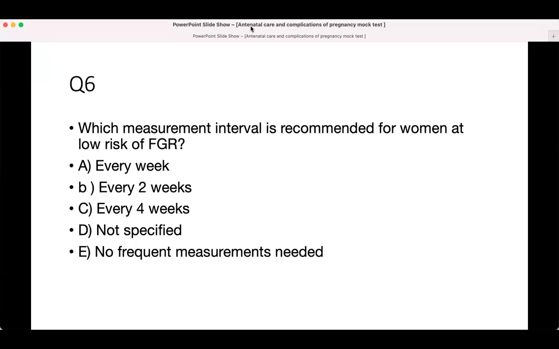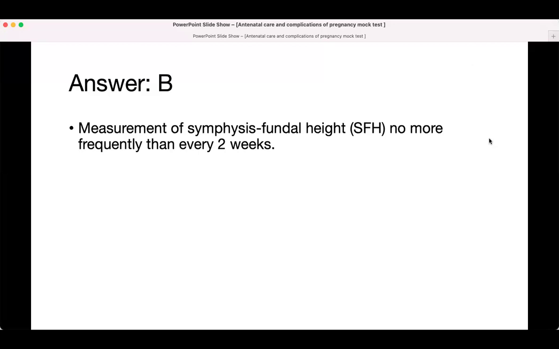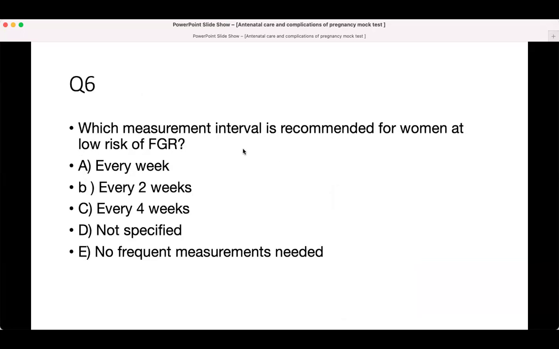What is the form of follow-up for them? The form of follow-up will be the symphysis fundal height, no more frequently than every 2 weeks. We are advising symphysis fundal height every 2 weeks.